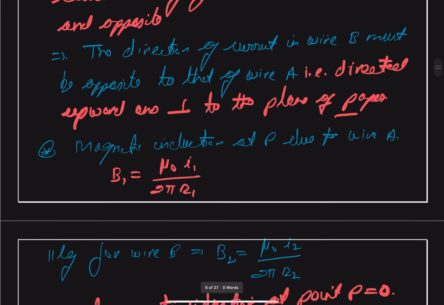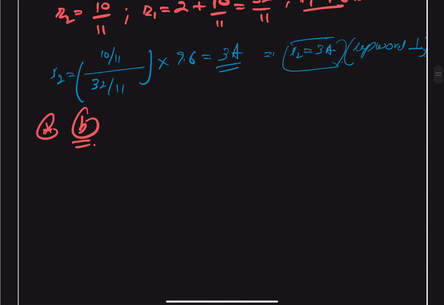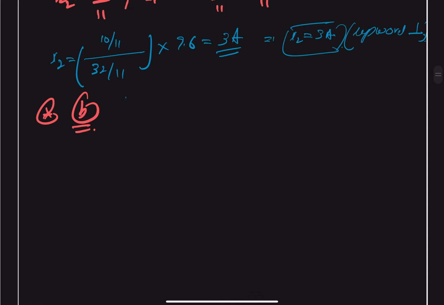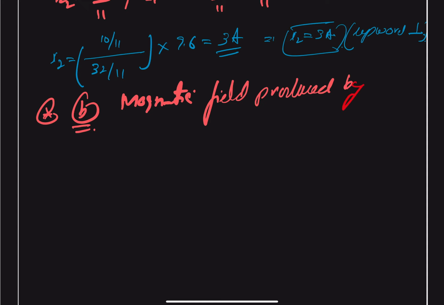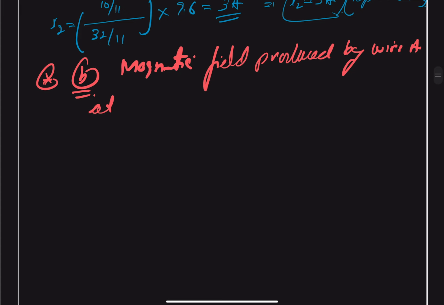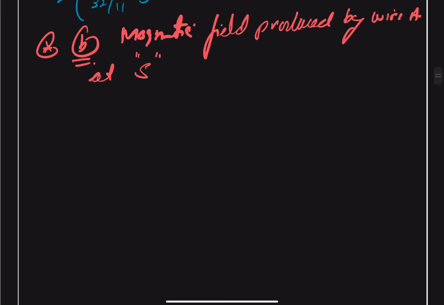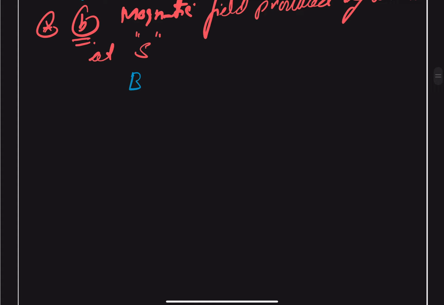From wire A, it is R1 prime. So we can say the magnetic field produced by wire A at S, let us call that B3, is equal to mu naught I1 divided by 2 pi R1 prime, and we know all the values.